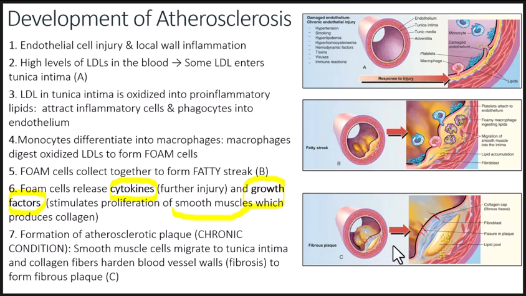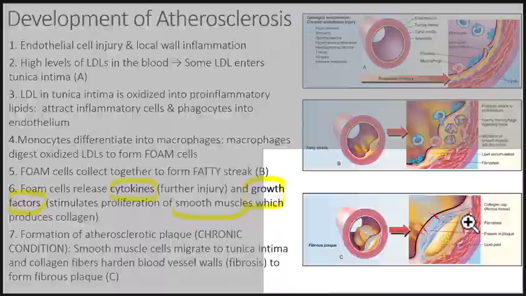And if this whole area here is hardened because of the collagen formation, it's not going to function as well. All the normal abilities of this area of the vessel are now affected. And so this takes time, and that's why I told you that the formation of an atherosclerotic plaque is a chronic condition. It takes time to develop.